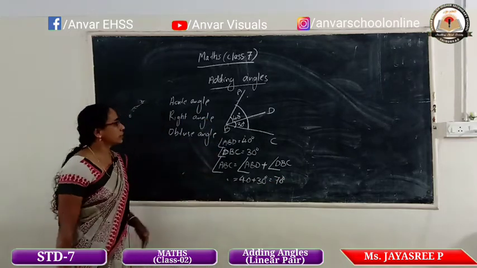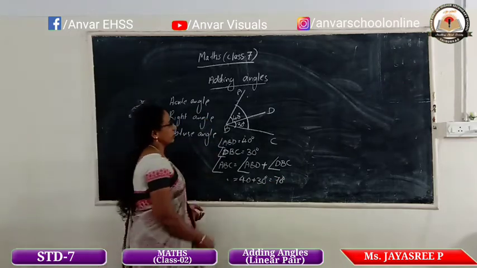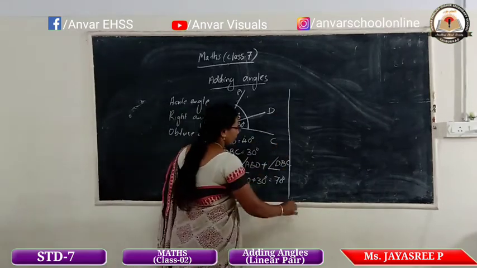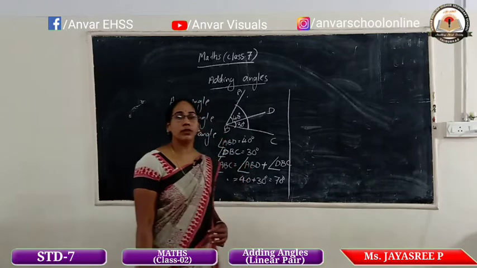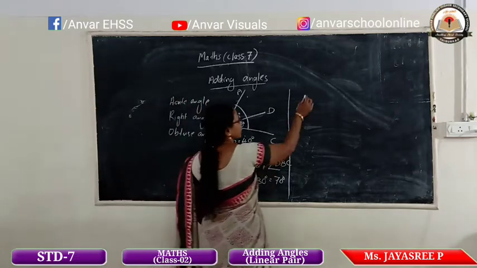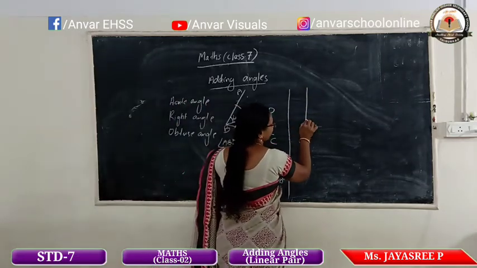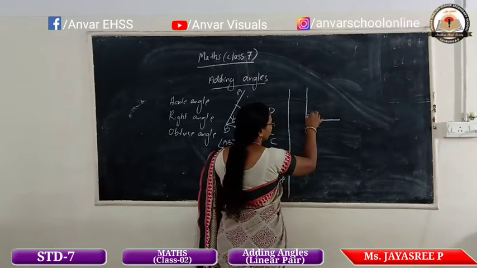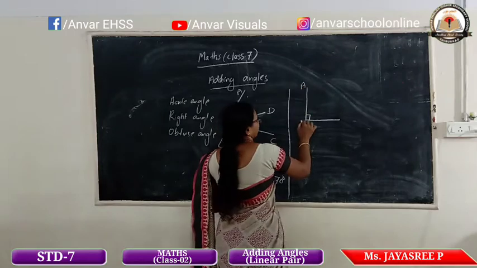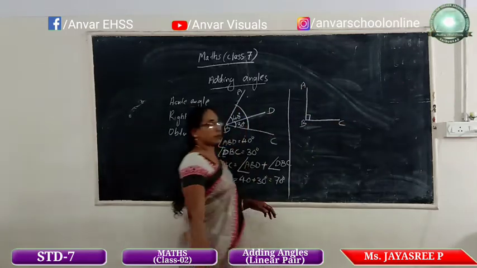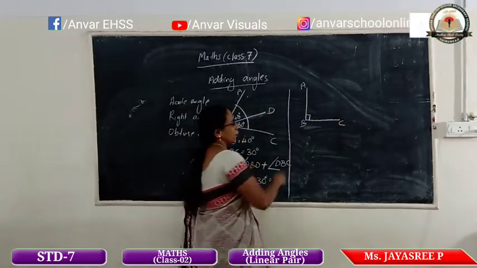Then we have learned in the last class. Now we know that a right angle is a measurement which is equal to 90 degree.